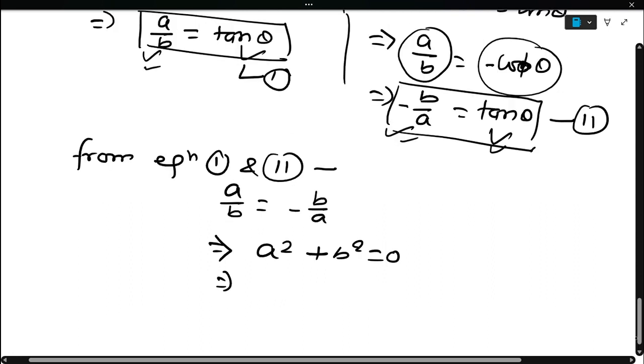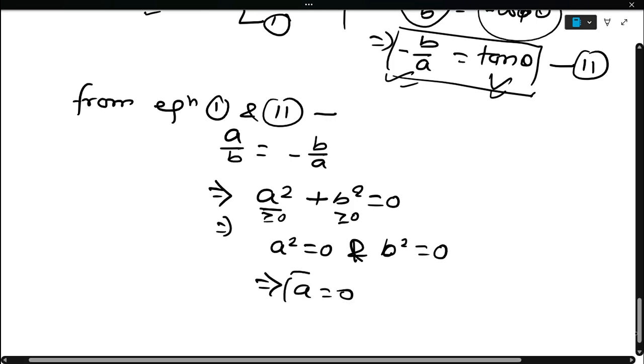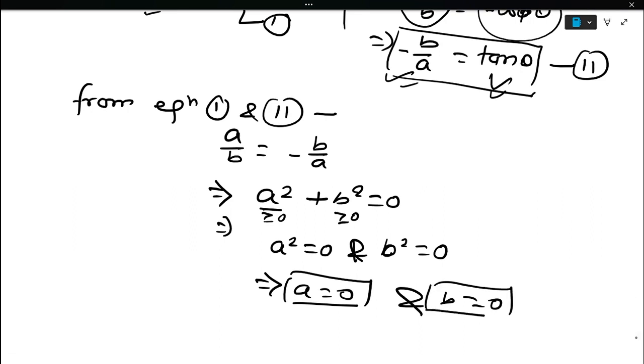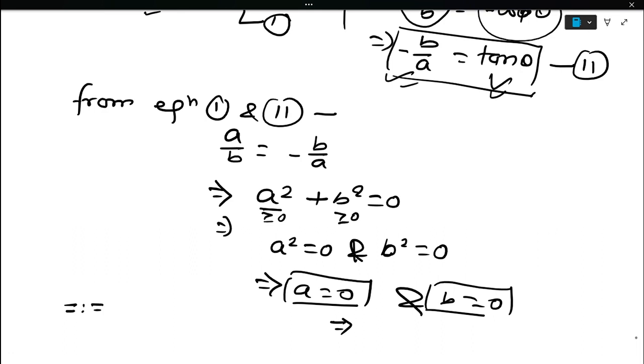Okay, when two terms are each greater than or equal to 0 and their addition is 0, it means each individual term is 0. So a square is 0 and b square is also 0. It will be a equal to 0 and b equal to 0. So we have proved that the kernel of the rotation is only the zero vector, meaning the rotation map is always a one-one map. Okay.